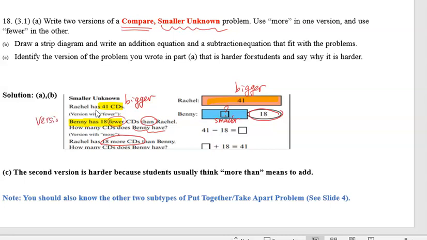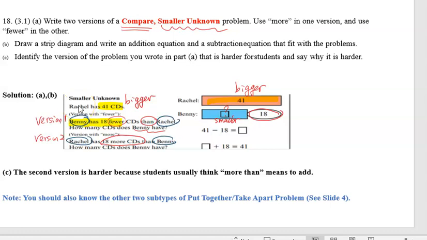We could also write a different version 2, the version with more. So instead of saying Benny has 18 fewer CDs than Rachel, we could say Rachel has 18 more CDs than Benny. All we did was switch Benny and Rachel.